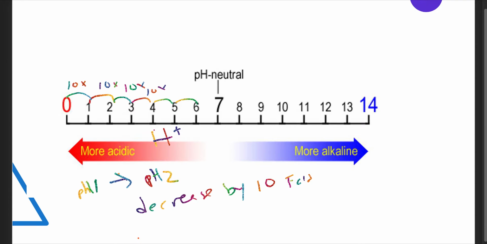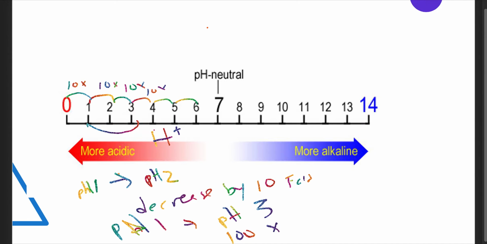If we're looking at a pH of 1 to a pH of 3, so it's going from here to here, 10 times 10 is 100, so it'd be a 100-fold change. Again, this is a decrease, because you're increasing in pH numbers.